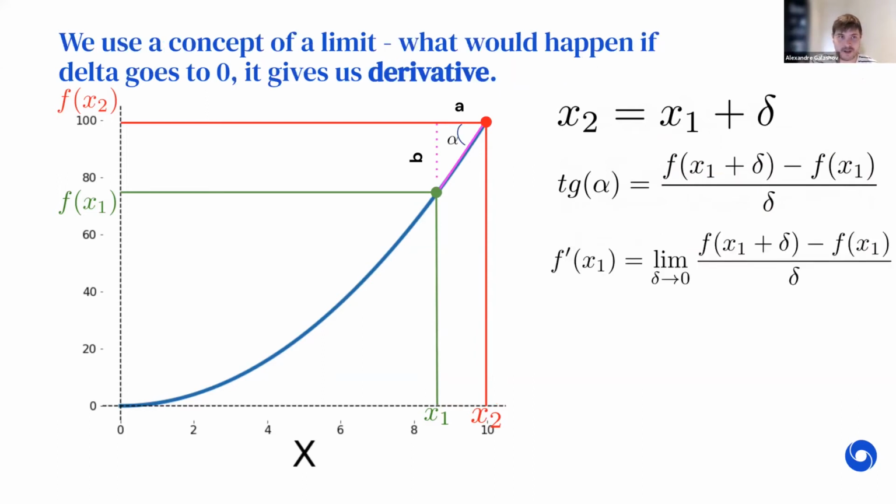And in mathematical terms, the fact that something goes to zero can be expressed via the definition of a limit. If you don't know what the limit is, I invite you to read about it in some calculus books. I don't have much time to go through the definition of the limit.